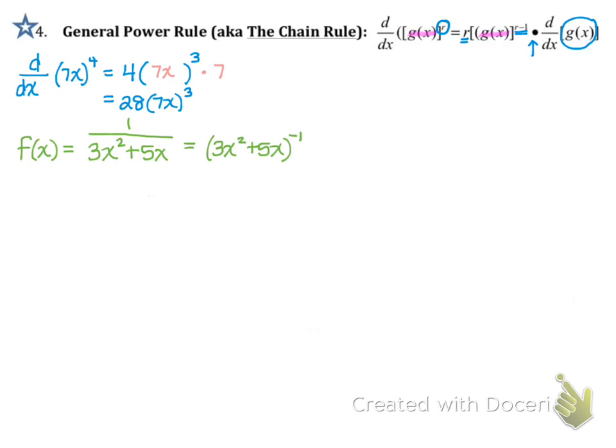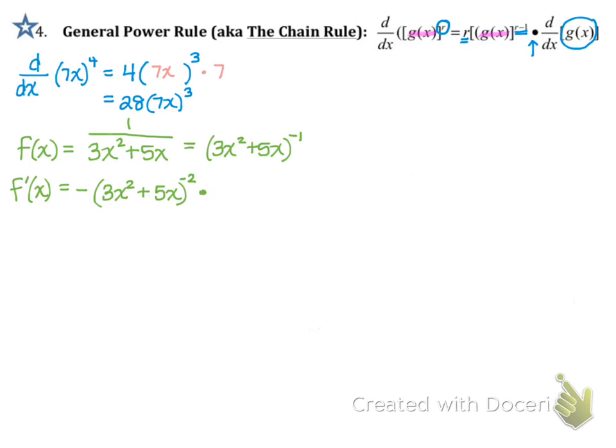Now I want to consider doing the derivative and differentiate this, but I need to use the chain rule. So the first thing I'm going to do is drop the negative down in front, and I leave the inside the same. And then that negative 1 becomes negative 2 because we subtract 1.